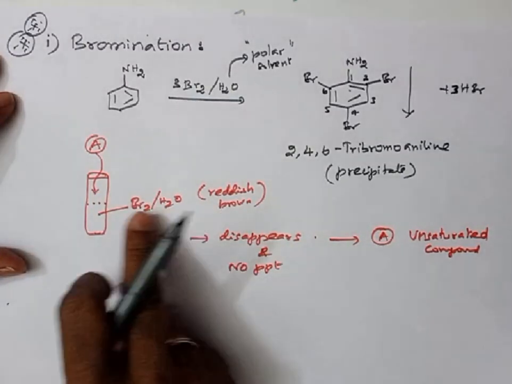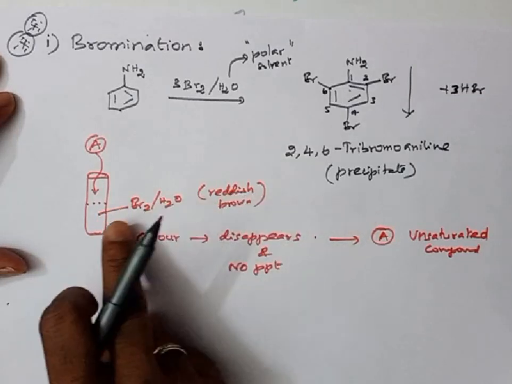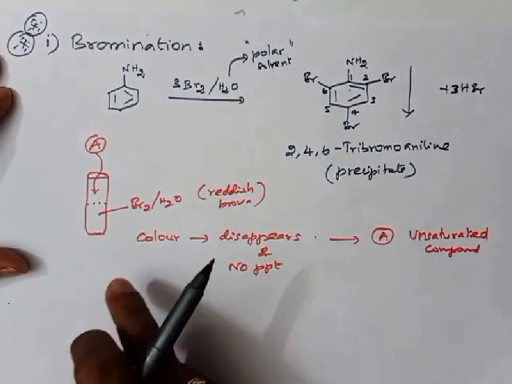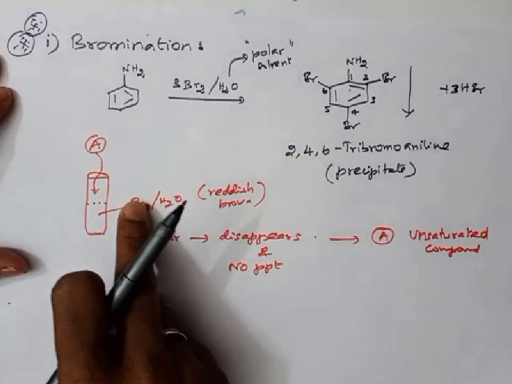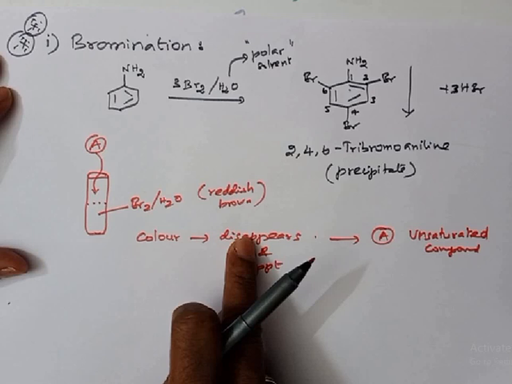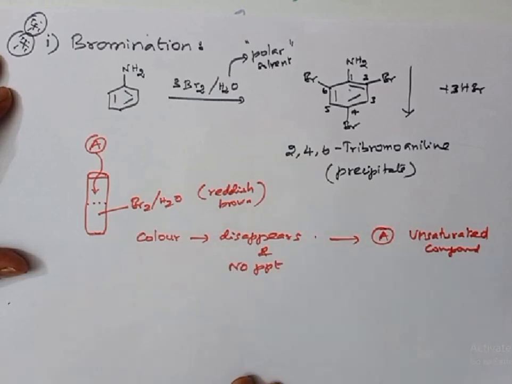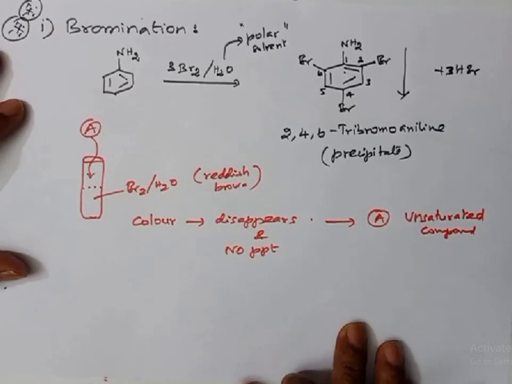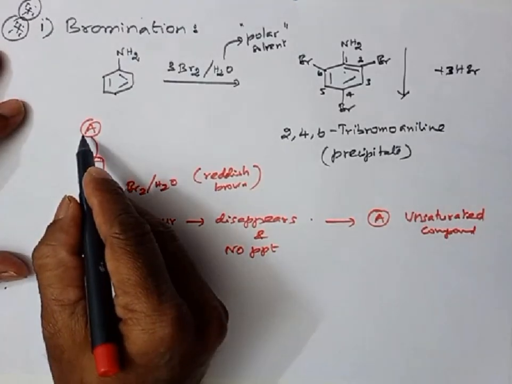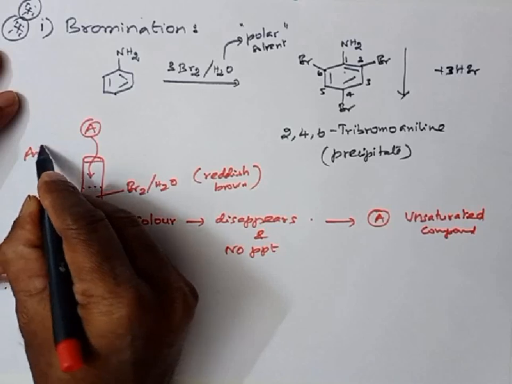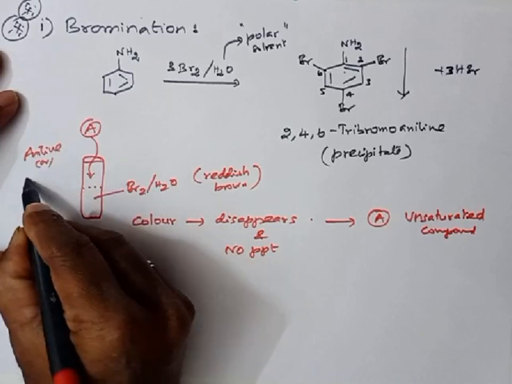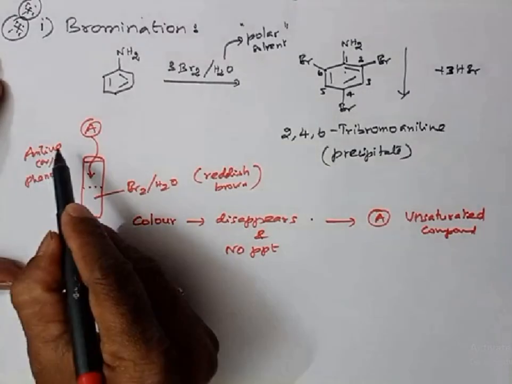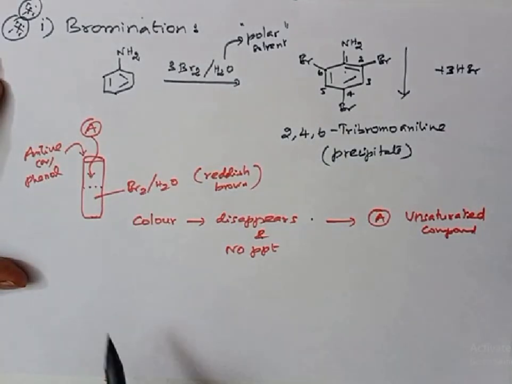You take bromine in water, which is a reddish brown color. To this, you add the given compound. If the color of the bromine water disappears and no precipitate is formed, we call that compound A an unsaturated compound. Sometimes, instead of compound A, if I add aniline or phenol, students observe carefully, this reaction also happens with phenol.